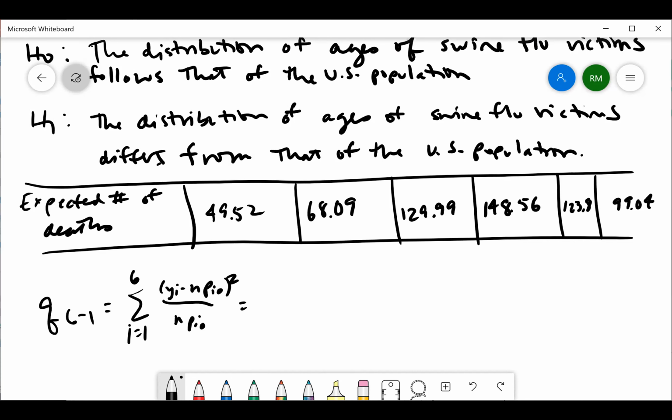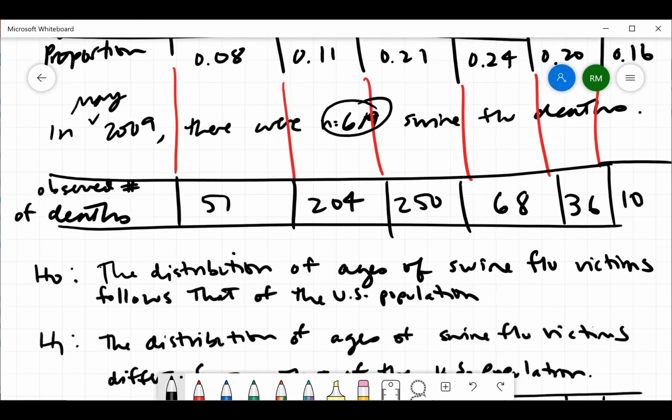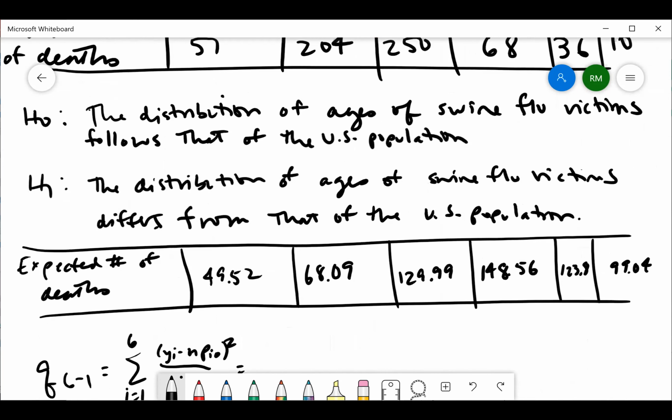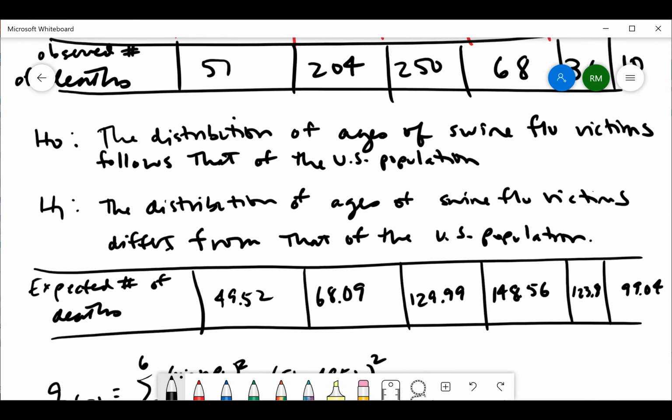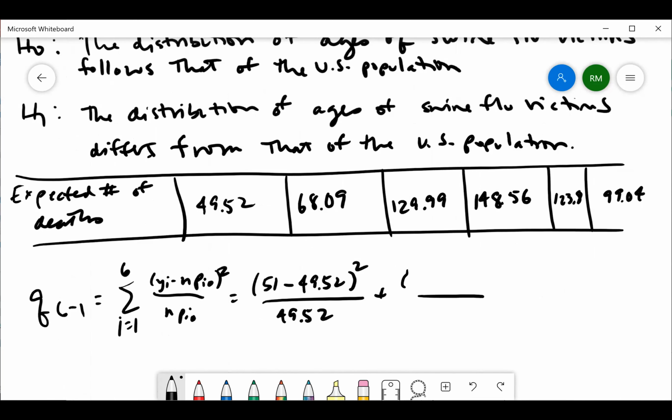We take the observed number of deaths, 51, minus the expected number of deaths, 49.52, square it, and then divide by 49.52. Second category, we observed 204 deaths, minus 68.09 expected, over 68.09.